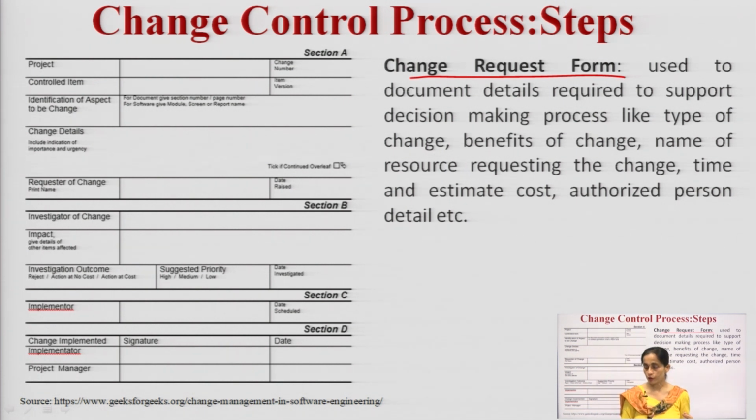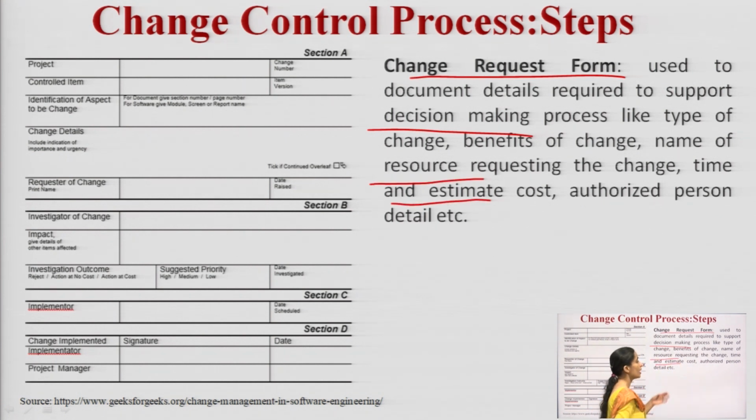This is the document used to support the decision making process, like what is the type of change, what will be the benefit of this change, what is the name of the resource requesting this change, what is the time and cost for this change, and who has authorized this change. So, all this should be recorded in this change request form.